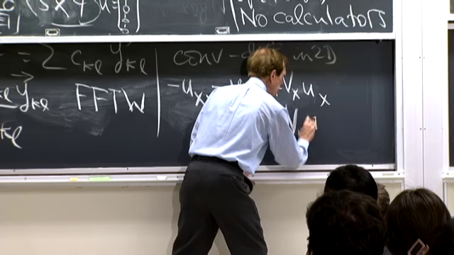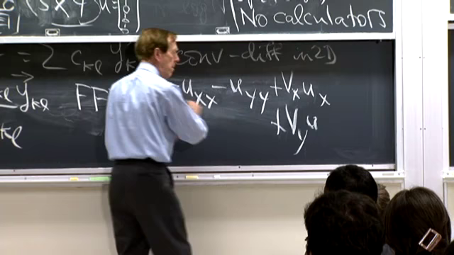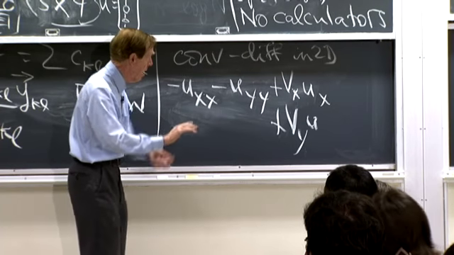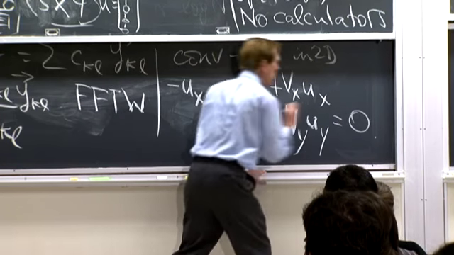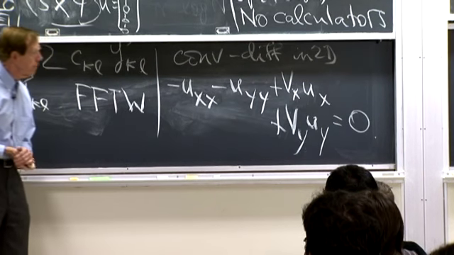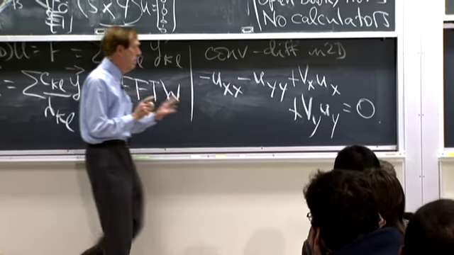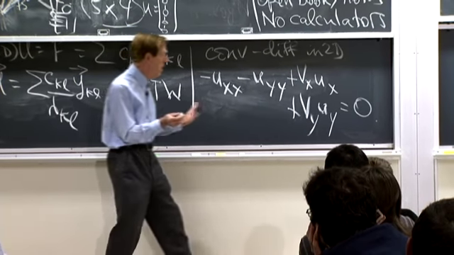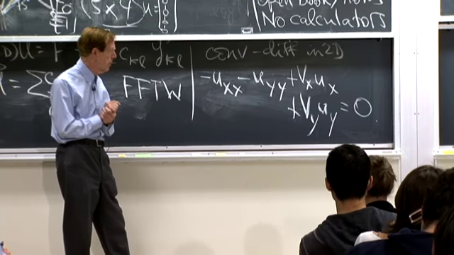Vy times the derivative, and that's just a number. In the simplest case, that would be my river traveling along. Those are just constants, and they could have positive or negative sign.